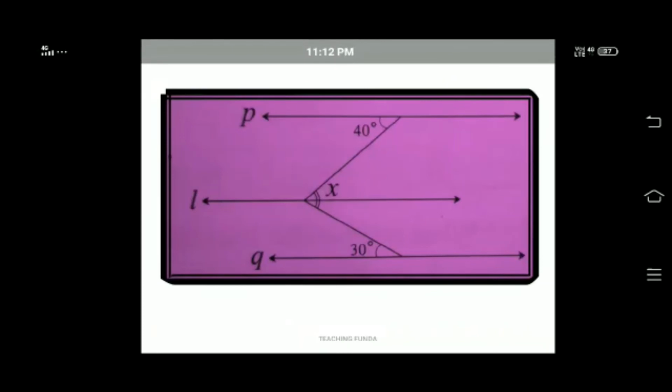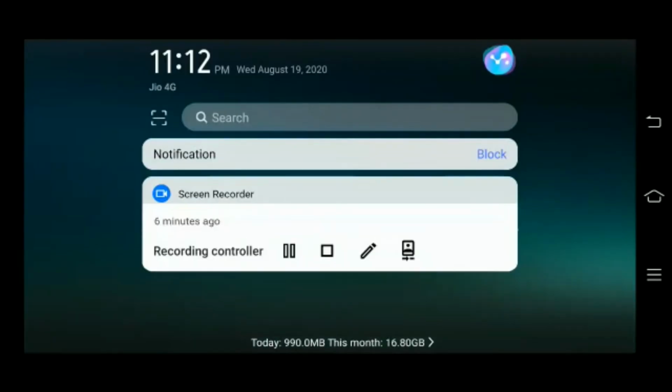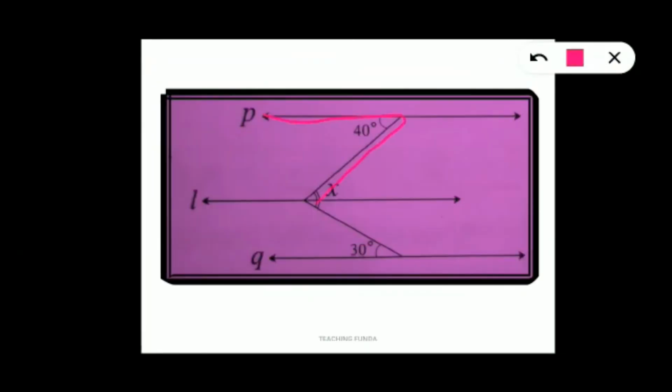Now if you see students, this angle 40 and this angle are alternate angles, and alternate angles always have the same measures. So if this is 40 degree, angle X is also 40 degree.